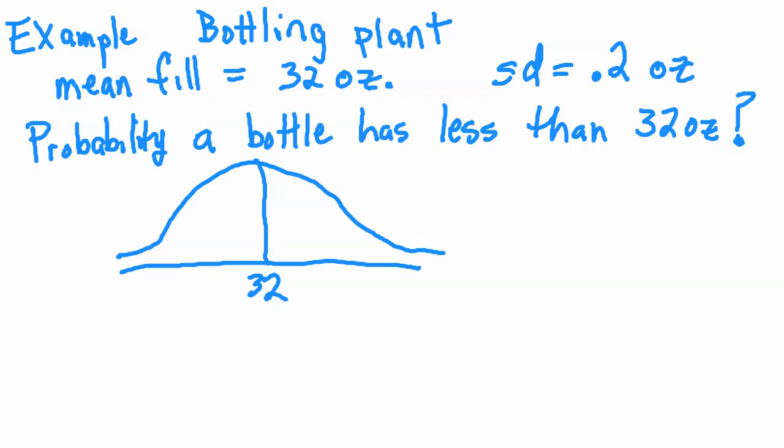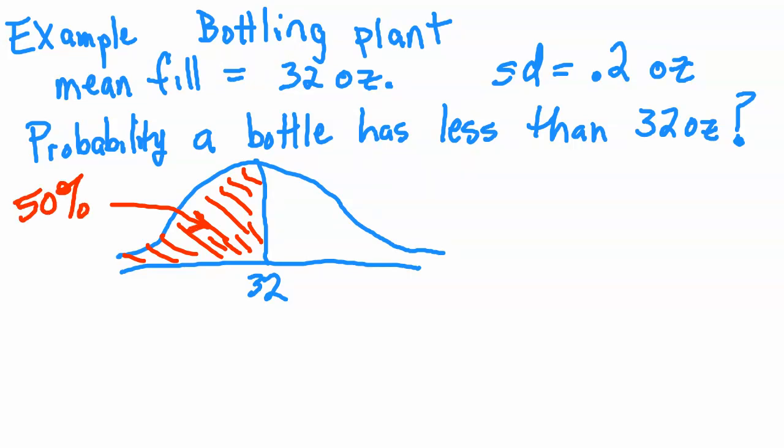The reason you don't even have to use your calculator is because 32 is the mean and we want less than 32, well, that's half the curve. So you should be able to see that the probability that it's less than 32 is 50% right off the bat, or half.